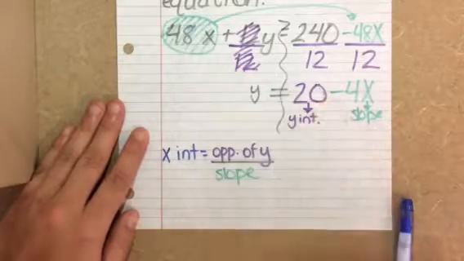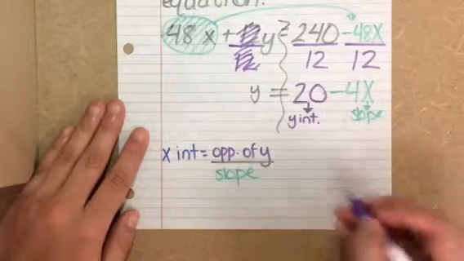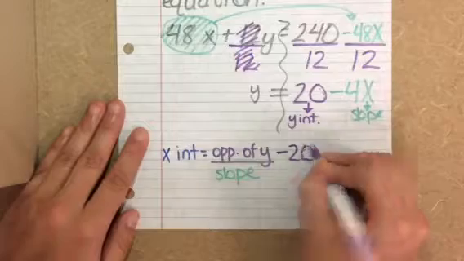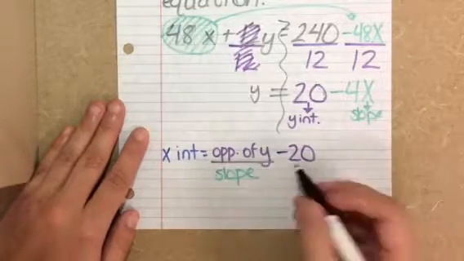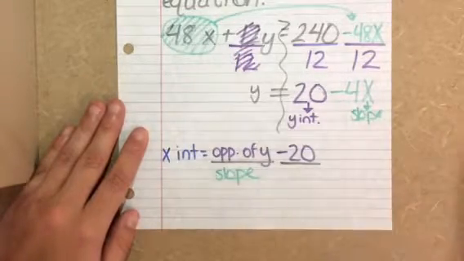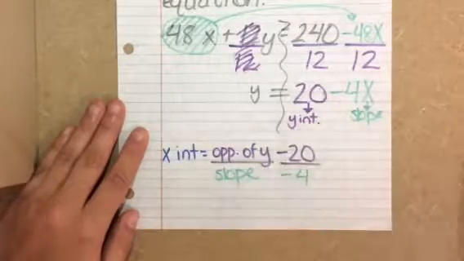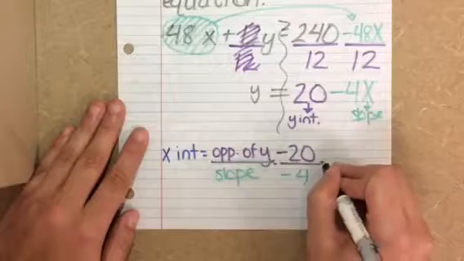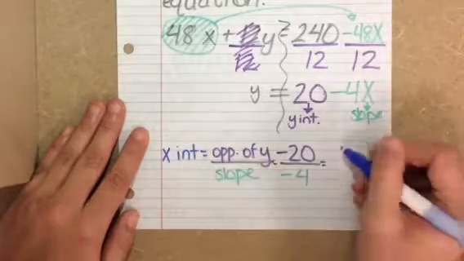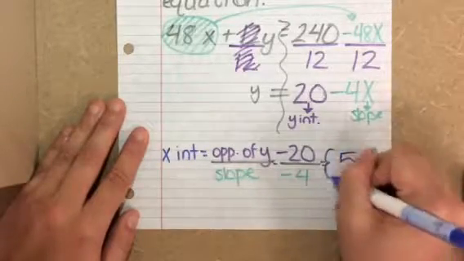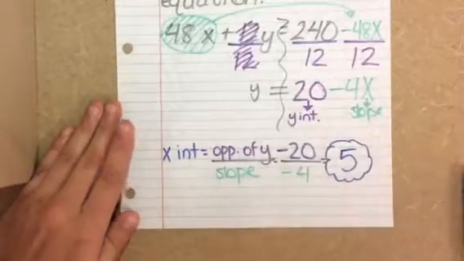So if it's a positive 20, the opposite of a positive 20 is a negative 20, divided by my slope, which is negative 4. Negative 20 divided by negative 4 gives me that my x-intercept is a positive 5.